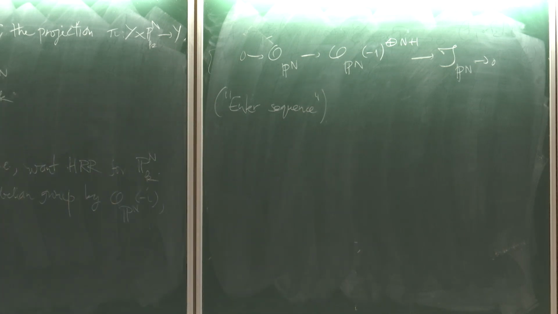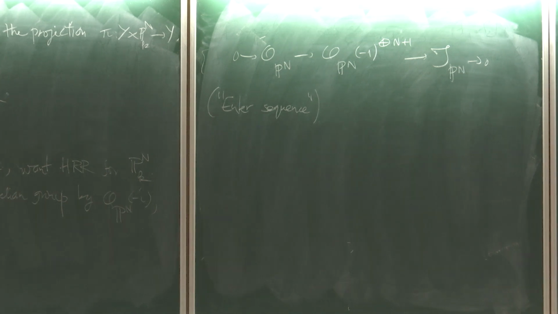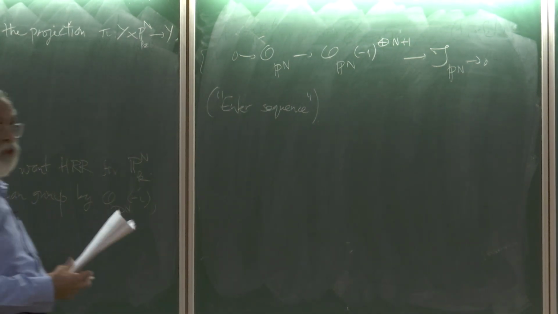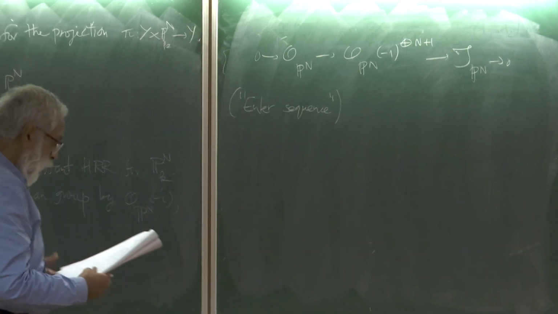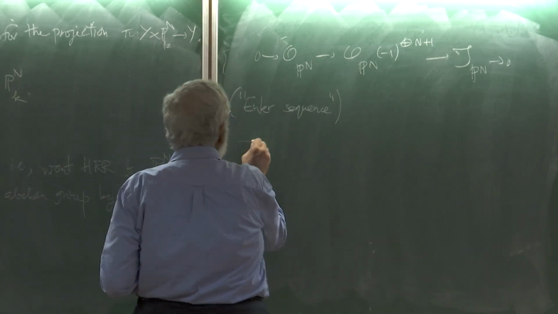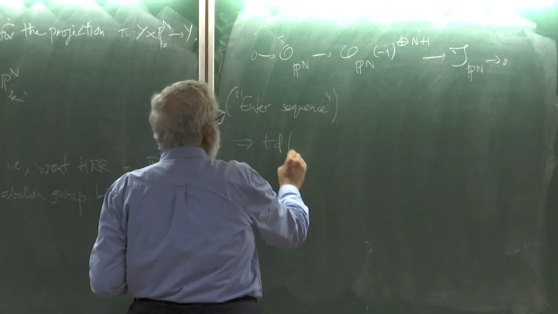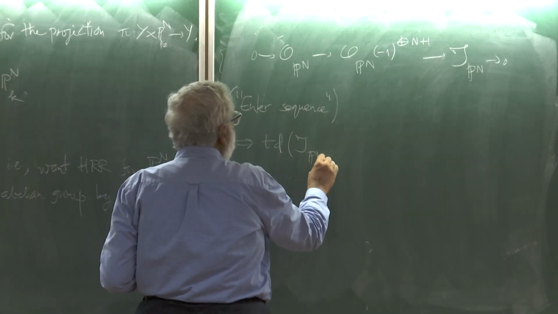Hartshorne writes something called the Euler exact sequence, which is the dual, but of course that's the same as this. Hartshorne would write it with omega and the other way. This allows me to compute the Todd class of T Pn.